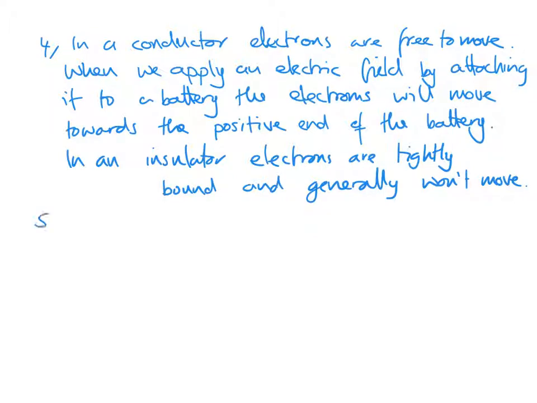So number 5 is the descriptive definition of current. Now that we've got the idea of what's going on in a conductor, we can define electrical current.